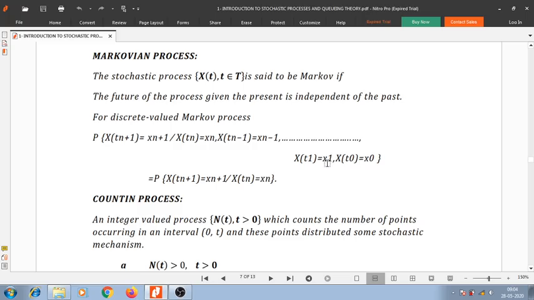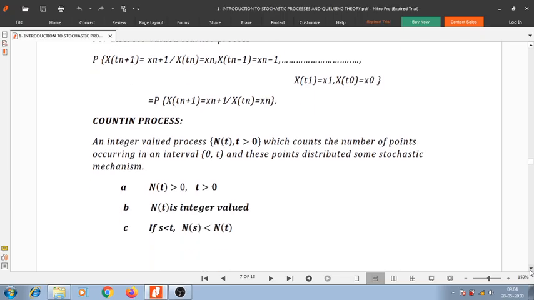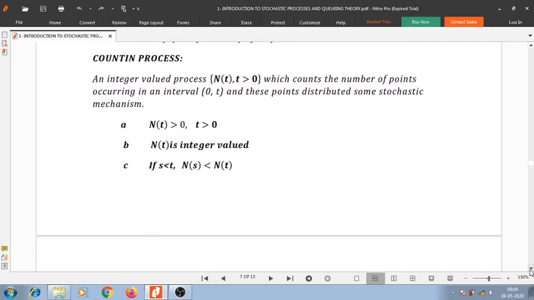At T0, at T1, up to Tn-1; the recently known value is Tn. So the future value is Tn+1. The realization of the stochastic process at Tn+1 depends upon the recently known value but not past values. Agreed? Good. This Markovian process actually plays a vital role in queuing theory.